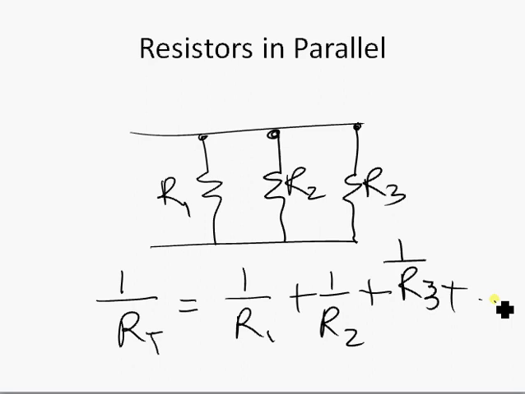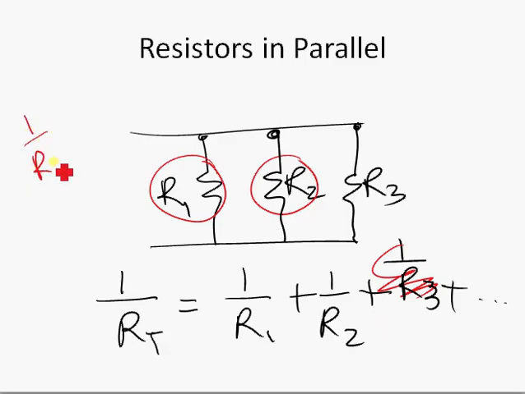Okay, so if we had only two resistances, R1 and R2, then 1 over RT would be equal to 1 over R1 plus 1 over R2.